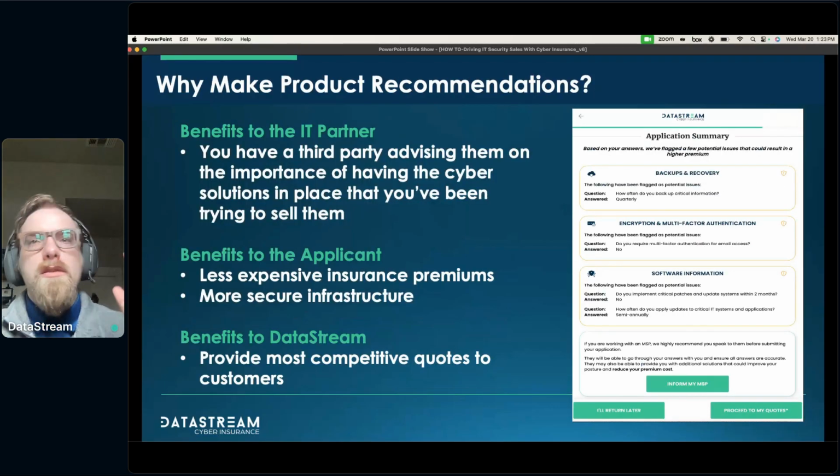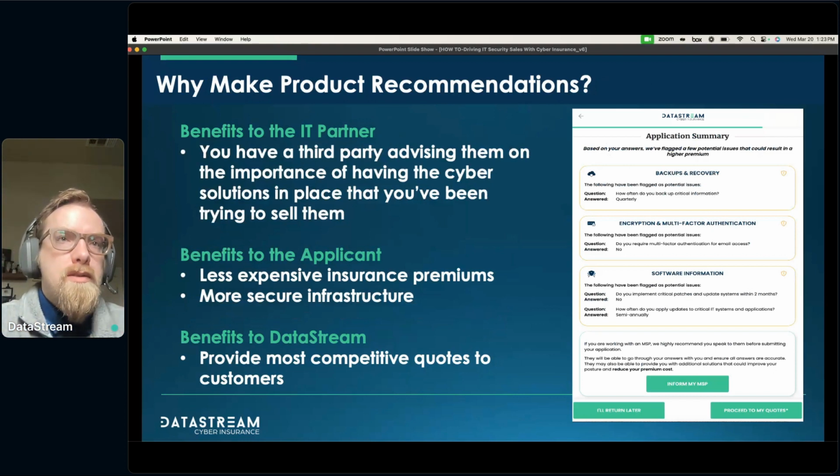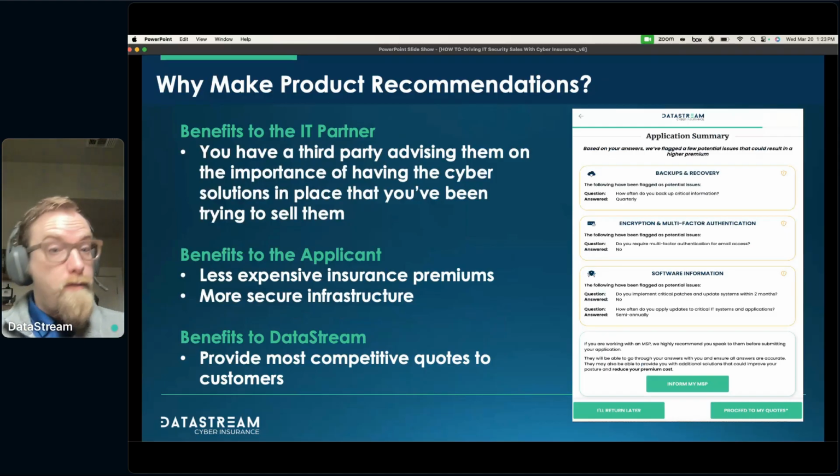It makes sense, obviously, to make these product recommendations. The benefit on your side is pretty apparent. Obviously, it helps hopefully get them across that line of understanding that they need these tools in place. The benefit to the applicant is we can get them access to more of the market, right? If we can get them to understand that getting better posture in place opens up more of the market, it's going to lead to less expensive policies, right?